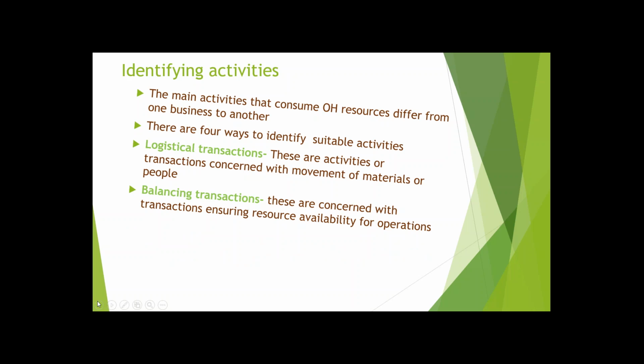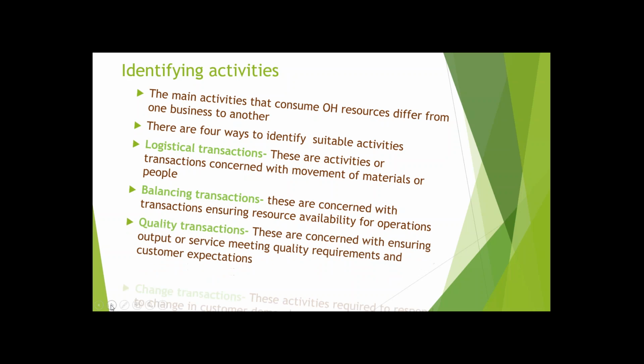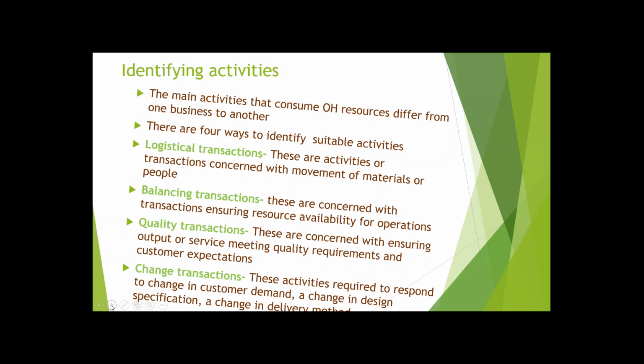Then finally we have the change transaction. Whatever activity we have to do in trying to respond to a customer demand, or a change in specification demand, or some kind of delivery method. So these are the four kinds of activity we can use.